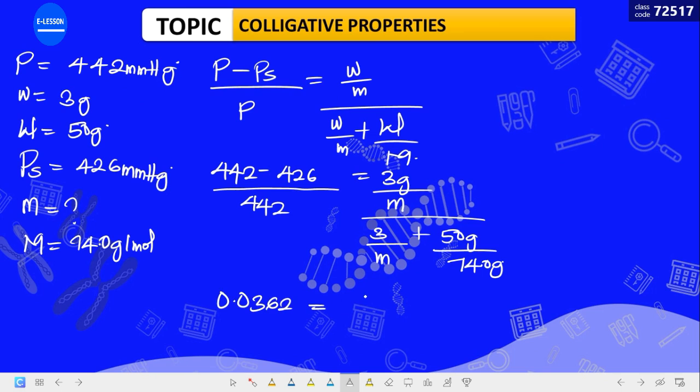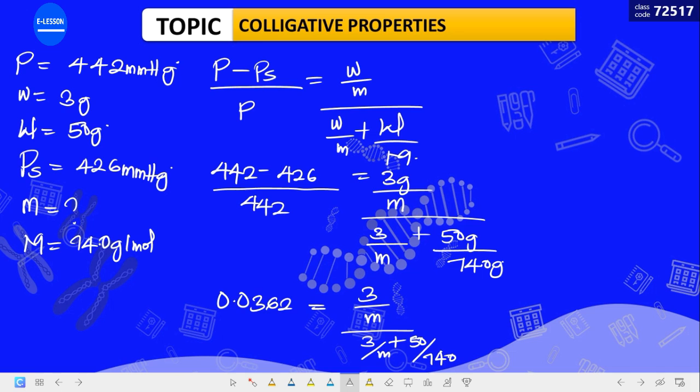Now this will be equal to 3 divided by m, divided by 3 divided by m plus 50 over 74.0. This is a very difficult kind of question.